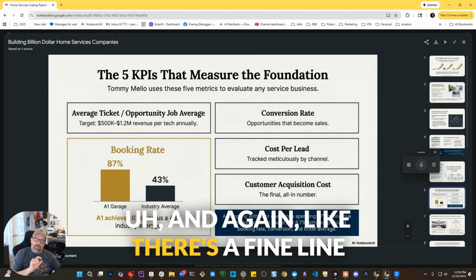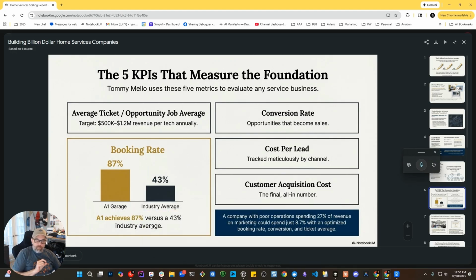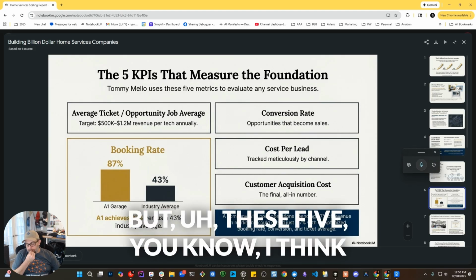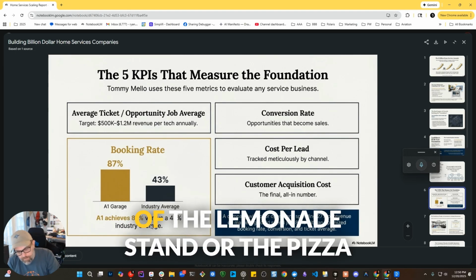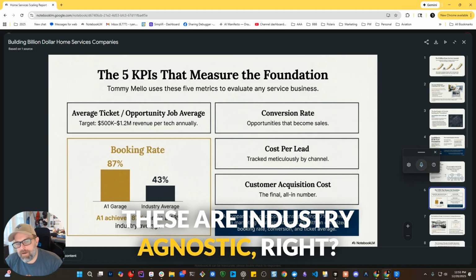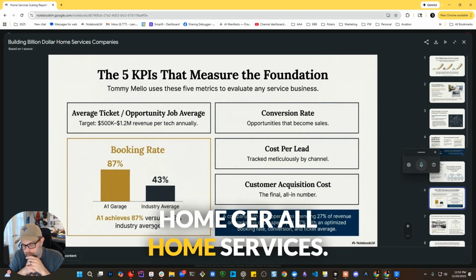And again, there's a fine line between pre-optimization and measuring the right KPIs, okay? But these 5, I think of the lemonade stand or the pizza shop or whatever. These are industry agnostic, right? All home services.